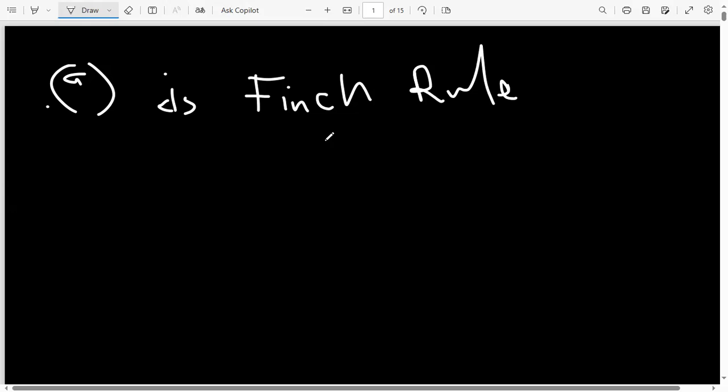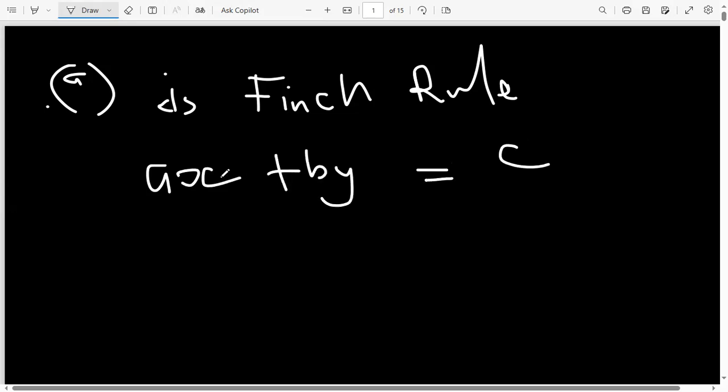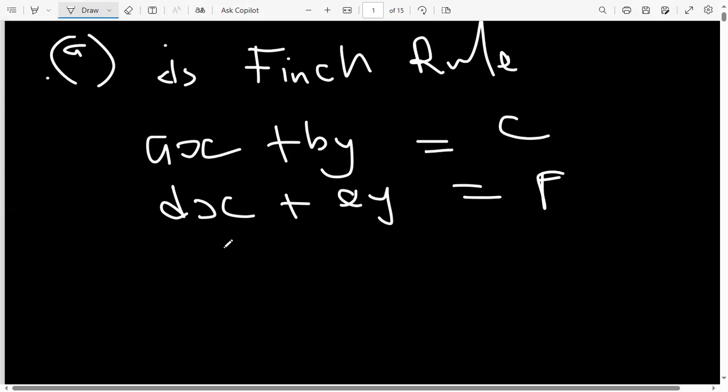The Finch rule states that if we have a system of linear equations in two unknown variables, given by ax plus by equals c, and another equation dx plus ey equals f, then the values of x and y are given by the following formulas.